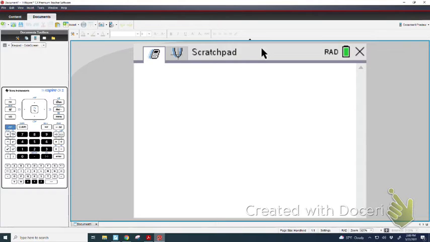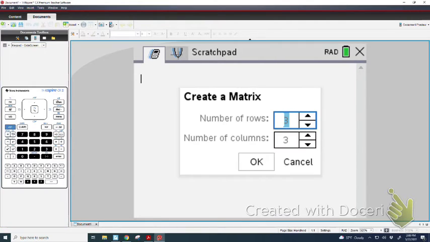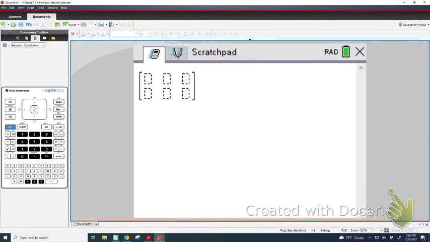So on the calculator, we need a matrix. Press the button right next to the 9. And then this one that's already highlighted lets us customize the matrix. We're doing a 2 by 3. And type in your numbers. And then we want to store this as a variable.